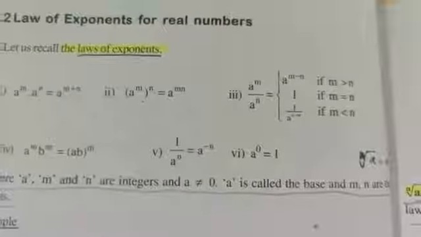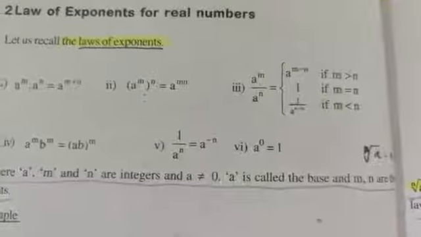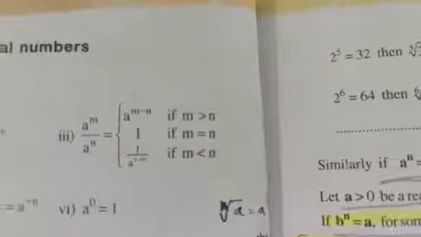A power m into a power n equal to a power m plus n. A power m whole power n equal to a power m into n. Third one, a power m by a power n equal to a to the power of m minus n if m is greater than n. A power m by a power n equal to 1 if m equals n.